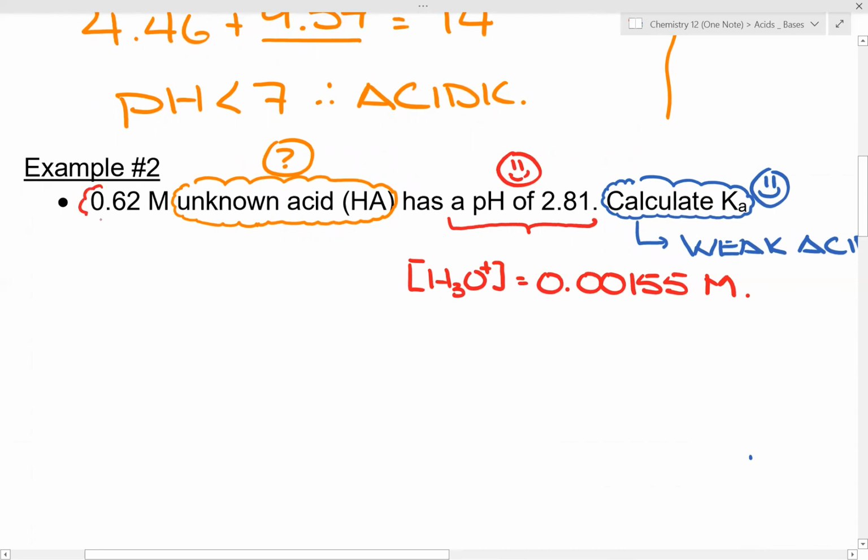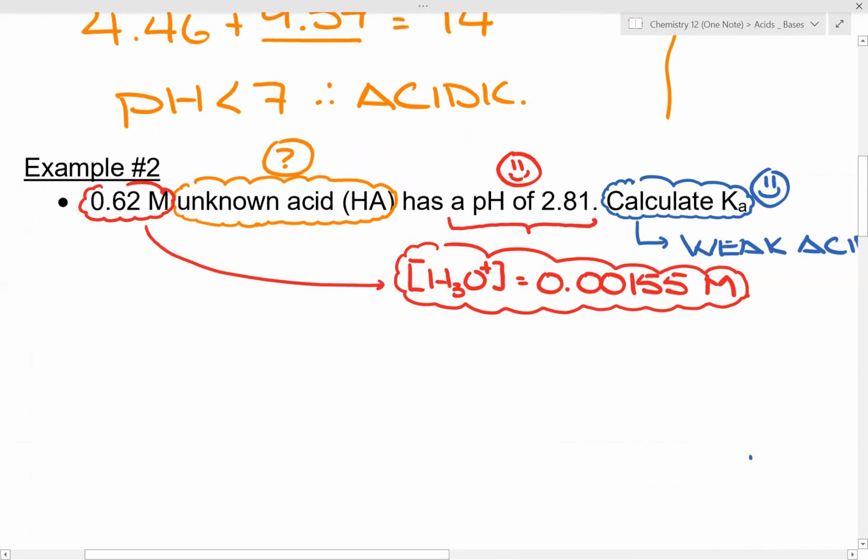Notice this concentration and this concentration. So the concentration of H3O plus is less than the concentration of the acid.